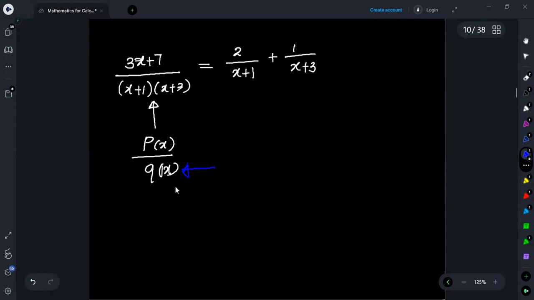The first thing that we have to do when we are asked to find the partial fractions is to factorize this polynomial Q(x), that means the polynomial in the denominator.